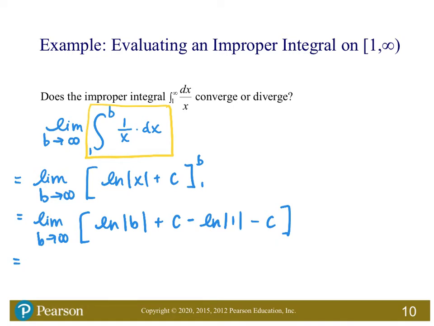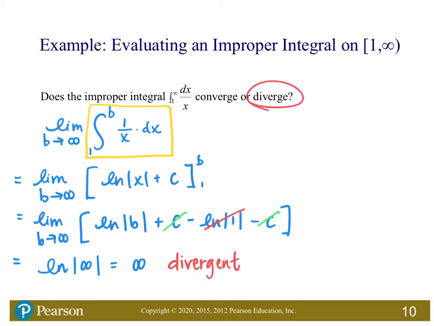Now we know that the natural log of 1 is 0 and that the c's will cancel each other out. And so now I can apply the limit and I will have the natural log of the absolute value of infinity, which is infinity. And so we conclude that this is a divergent integral whose area does not approach any particular value.